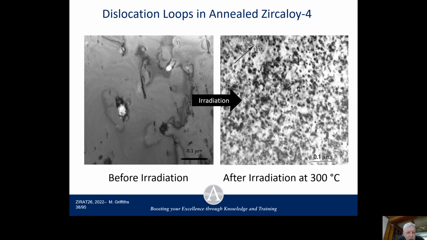So here's an illustration just to show what I mean by the damage. Sorry, I've chosen Zircaloy, because I happen to have a picture of it. This shows before irradiation and after irradiation, at roughly the same magnification, at 300 degrees C. And these little blobs of contrast are dislocation loops.